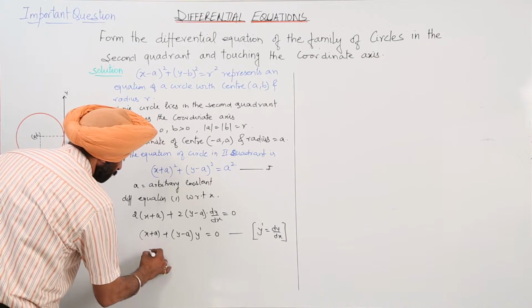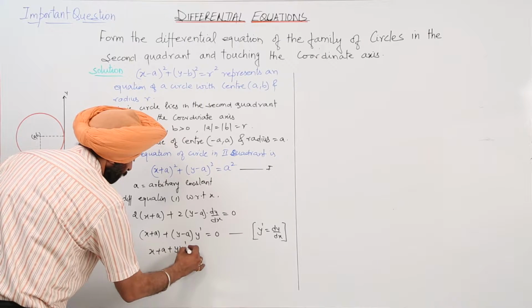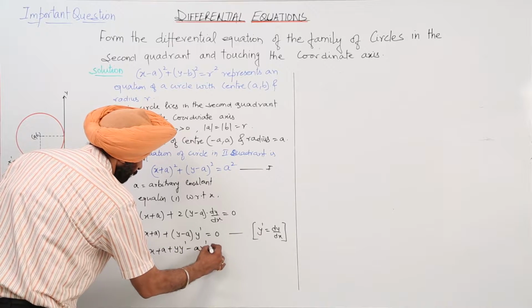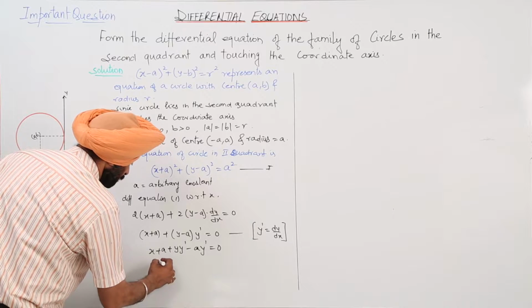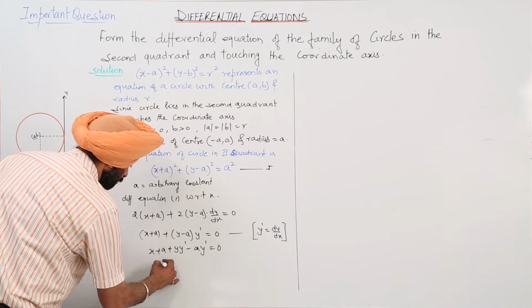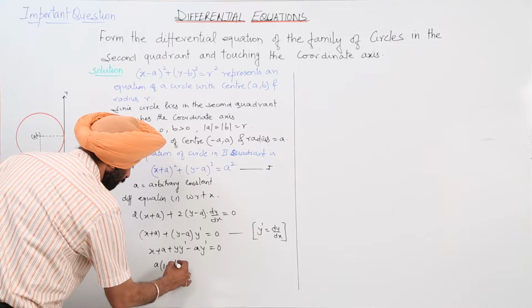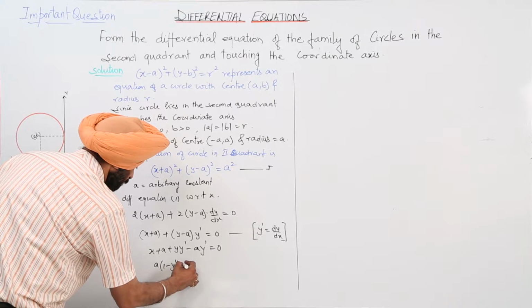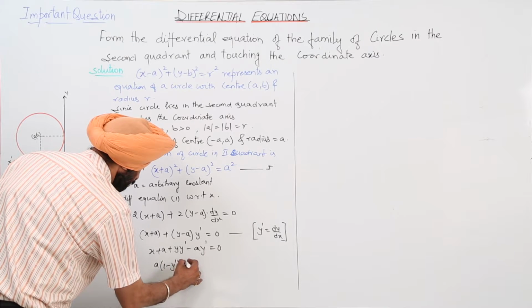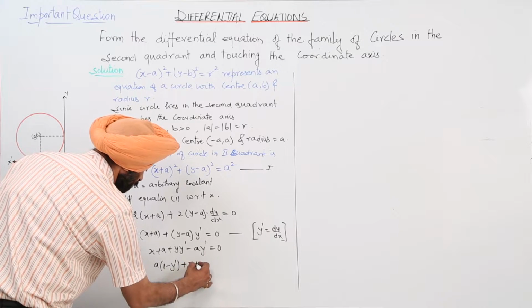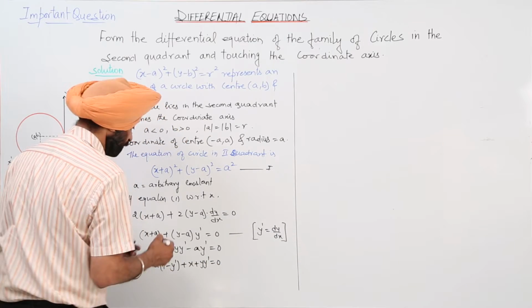Now, x plus a plus y y' minus a y' is equal to 0, or we can now write it taking a common: a(1 minus y') plus x plus y y' is equal to 0.